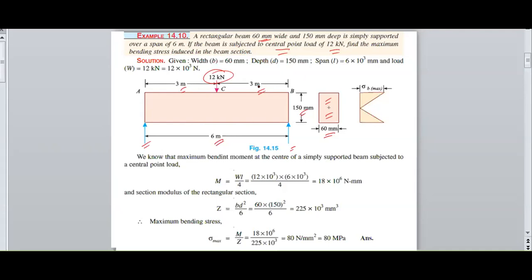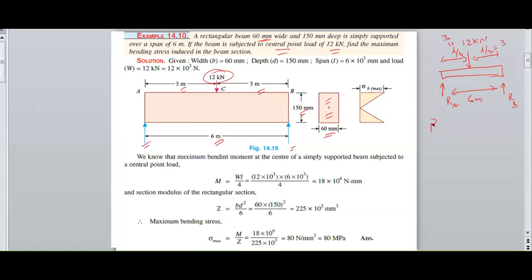So first of all, I need to find out the maximum bending moment, M, for a beam having reactions RA and RB, and a point load of 12 kilonewtons applied at the center. So how to find RA and RB?